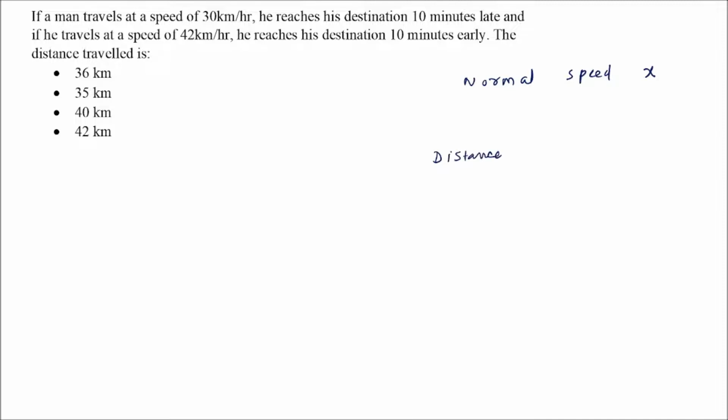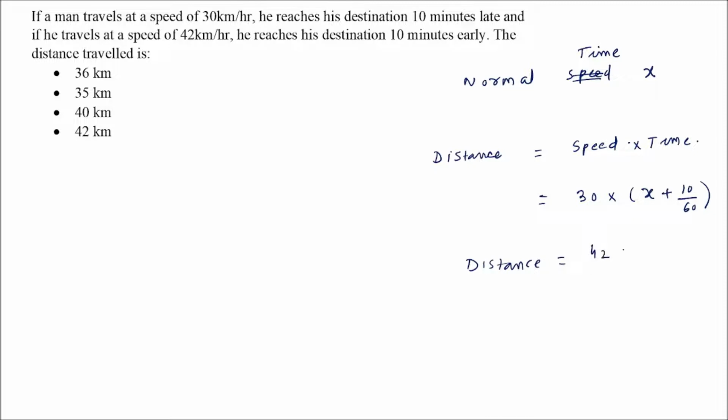Or instead of normal speed we can say normal time. I will write here, normal time is equal to x. So distance is equal to, if speed is 30 kilometers per hour, then he reaches 10 minutes late. 10 minutes late means the normal time is x plus 10 minutes, that is 10/60 hours. Then the same distance with the speed of 42 kilometers per hour, the man reaches 10 minutes early.